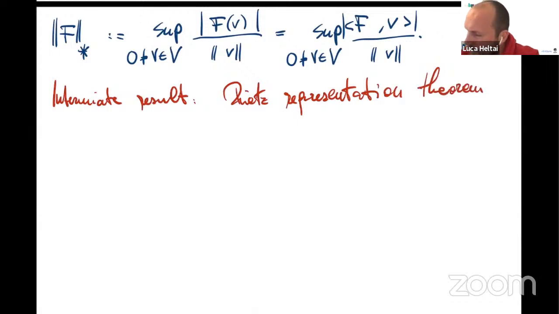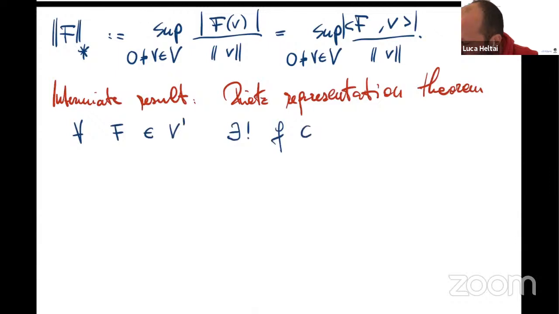For any function capital F in V prime, there exists a unique function little f in V such that, basically, we write the duality representation of capital F and exploit for this the scalar product of the Hilbert space.